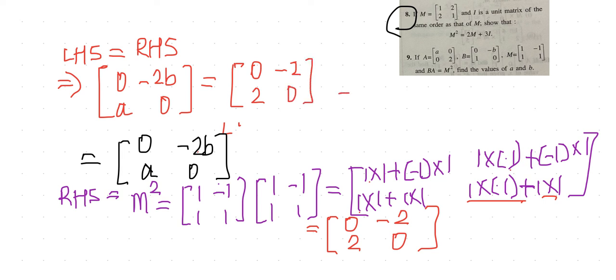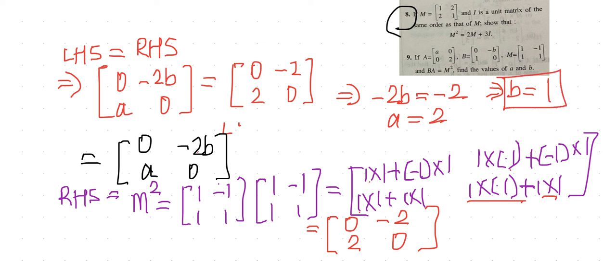So this implies minus 2b is equal to minus 2, and a is equal to 2. So you are getting the value of a is equal to 2, but for b you are getting what? b will be equal to minus 2 divided by minus 2, that is 1. So you are getting the value of b is equal to 1 and the value of a is equal to 2. Okay. So this is the way this particular sum has to be done.